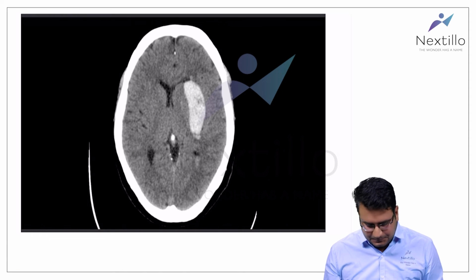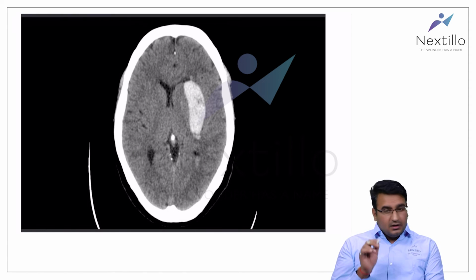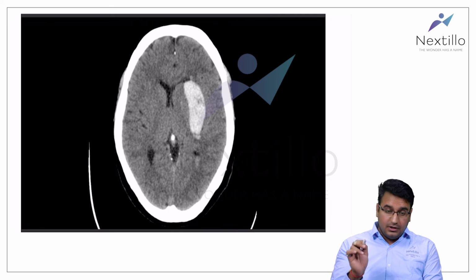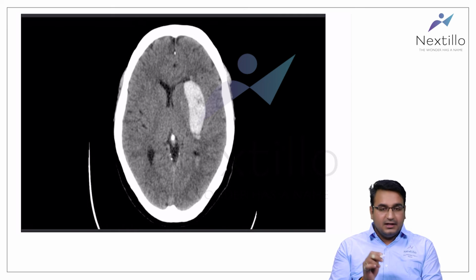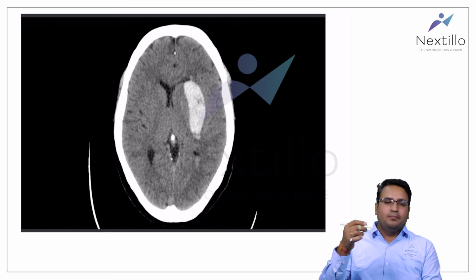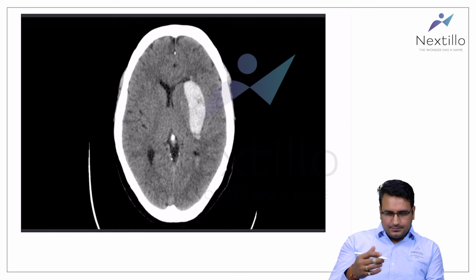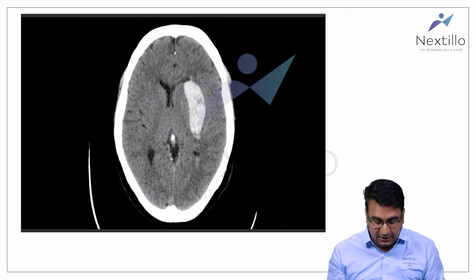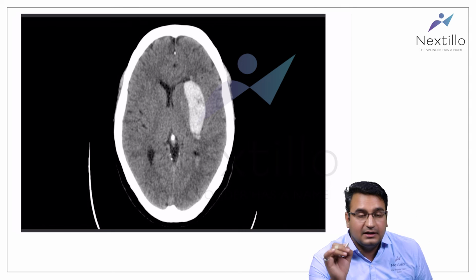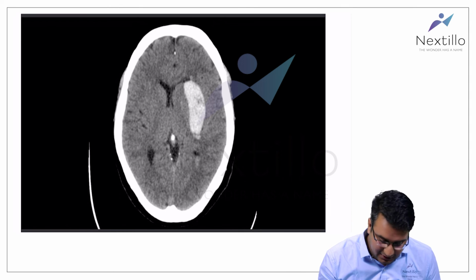What you have covered till now: extradural, subdural, subarachnoid. We are talking about the blood component within the layers, outside the dura mater, below or medial to the dura mater, or subarachnoid. We are talking about that. Now we are talking about intracerebral hemorrhages. Okay, have a look.